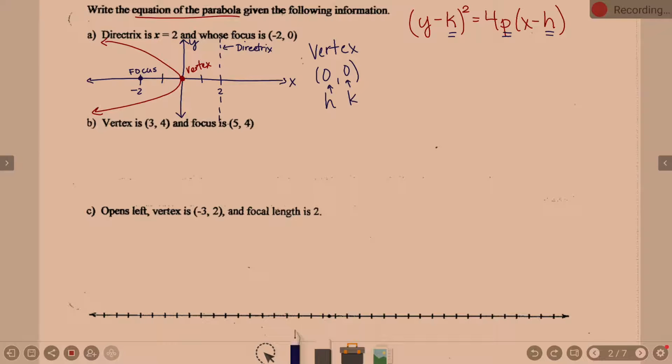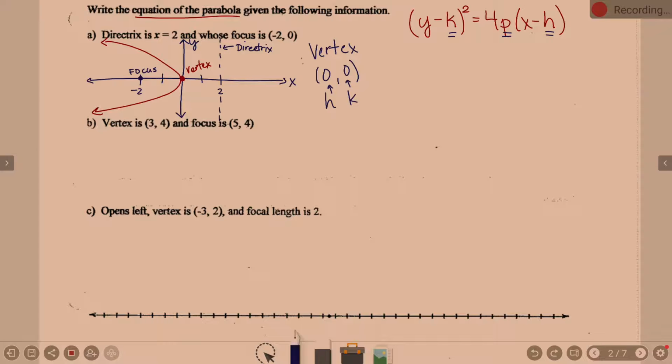Now, I will say there's a catch. This parabola opens to the left. It is going to be negative. So, if we think about our typical vertical parabolas, a parabola opening up has a positive coefficient. A parabola opening down has a negative coefficient. Well, okay, in left-right world, compare right to opening up, and so it's going to be positive.